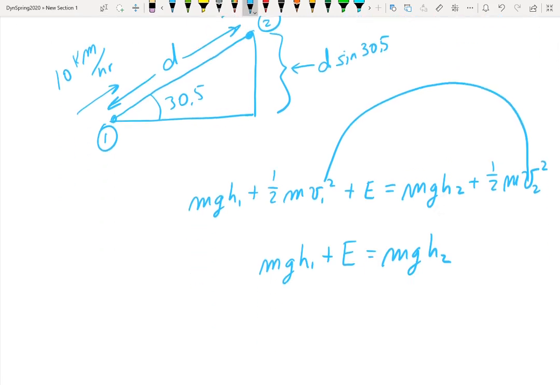So if you look at this and say, well, I'm going to make a datum in which h1 is equal to 0, therefore, by nature, h2 can just be replaced with d sine of 30.